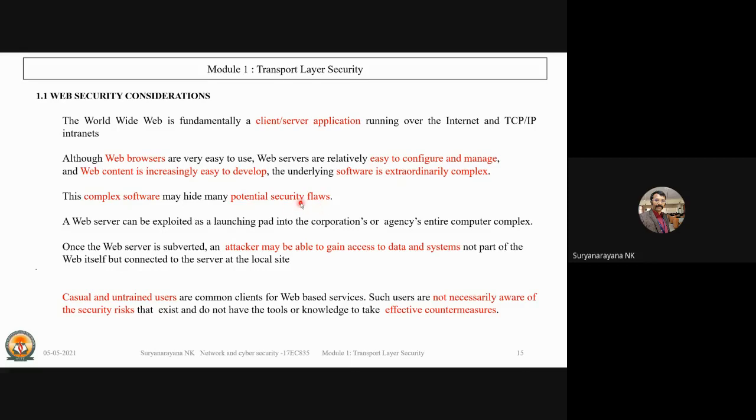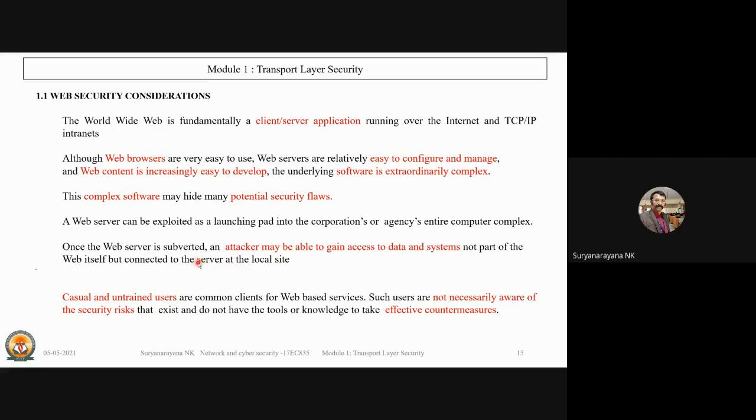Based on this, a web server can be exploited as a launching pad into the corporation or agency's entire computer complex. Once the web server is subverted, the attacker may be able to gain access to data and systems not part of the web but also connected to the server at the local site.